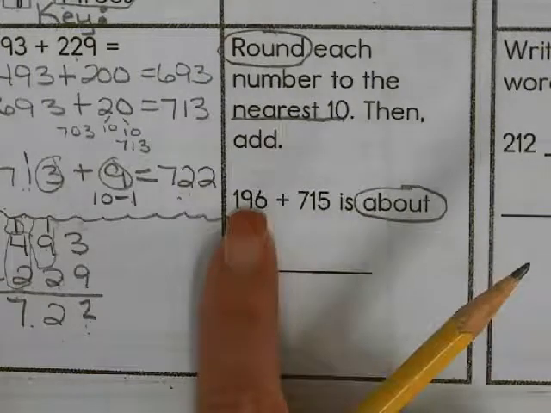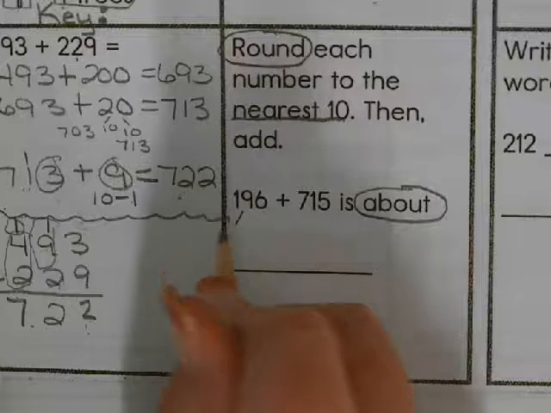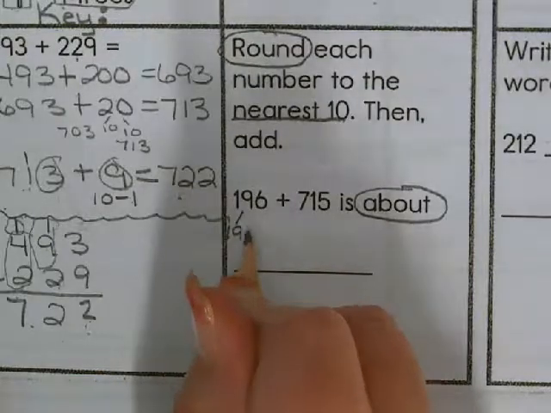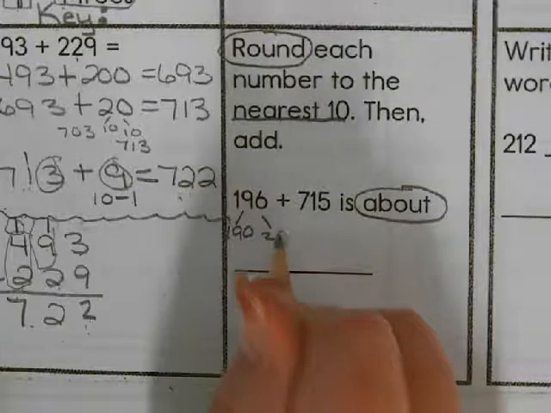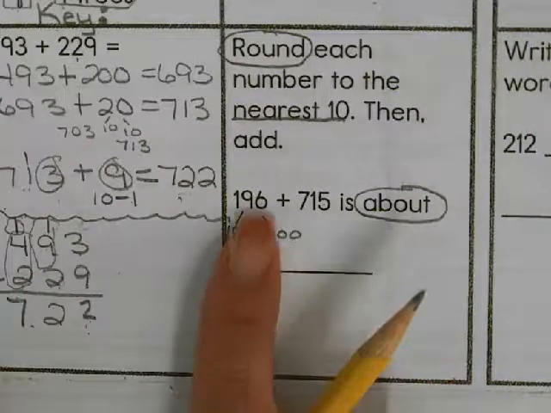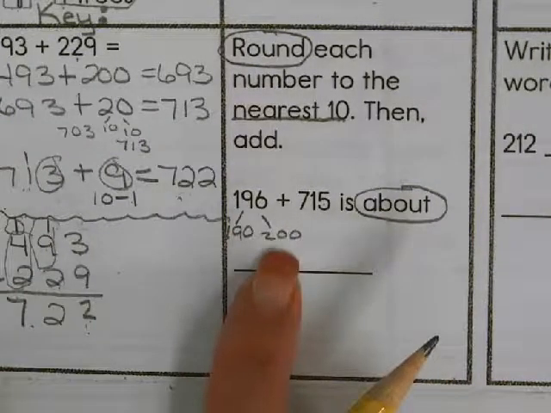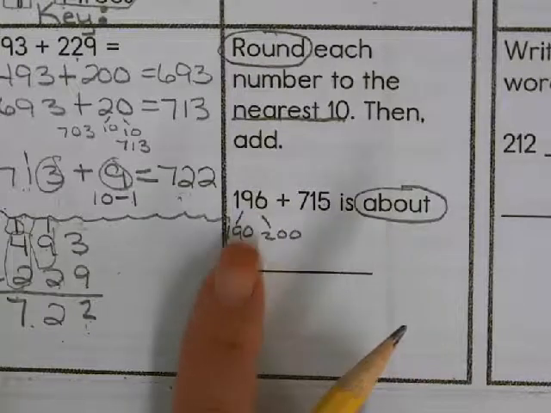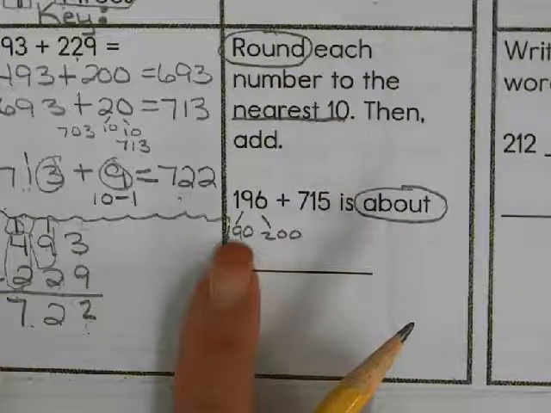So 196 is between 190 and 200. It's closer to 200 because it's 4 away from 200, but it's 6 away from 190.